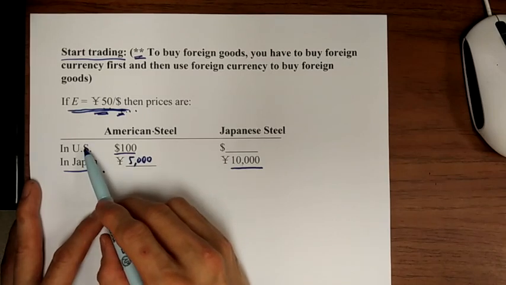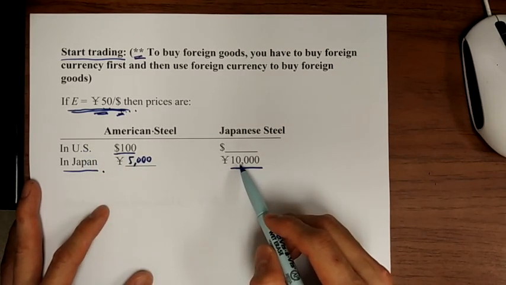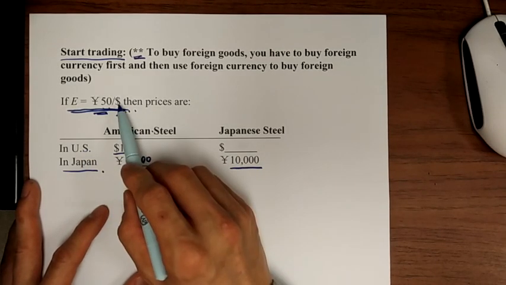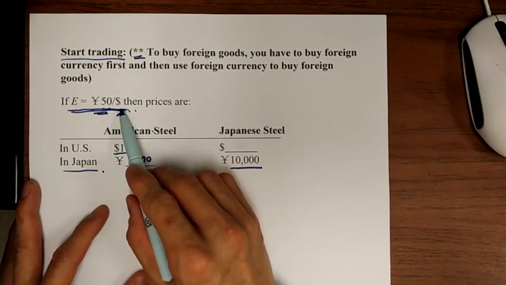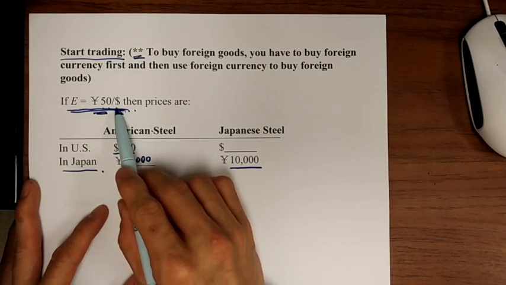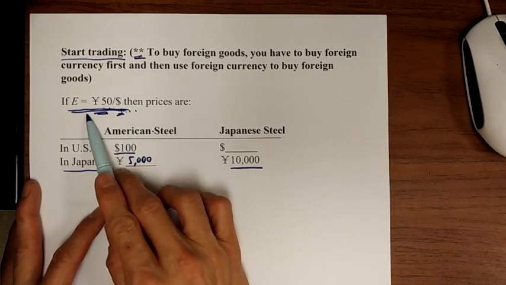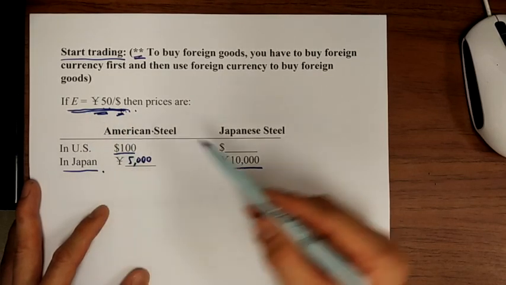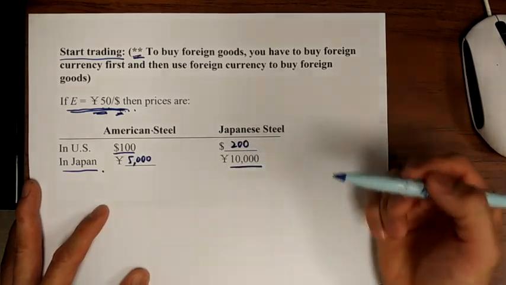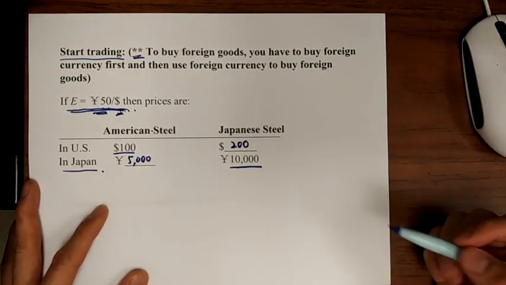So you want to use your US dollar to buy 10,000 yens. The exchange rate is 50 yens per dollar. So you use $1 to buy 50 yens. So $2 to buy 100 yens. Therefore, you use $200 to buy 10,000 yens.